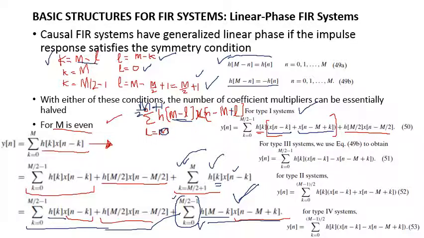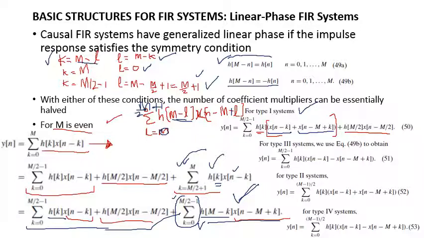Now let's come to the second part. For the case of the type 1 systems, because you understand type 1 and type 2 have m even, and type 1 is symmetric, whereas type 3 is anti-symmetric. So for the case when m is even, we have this expression for the type 1 system. You can see that we have essentially reduced the multipliers to half.